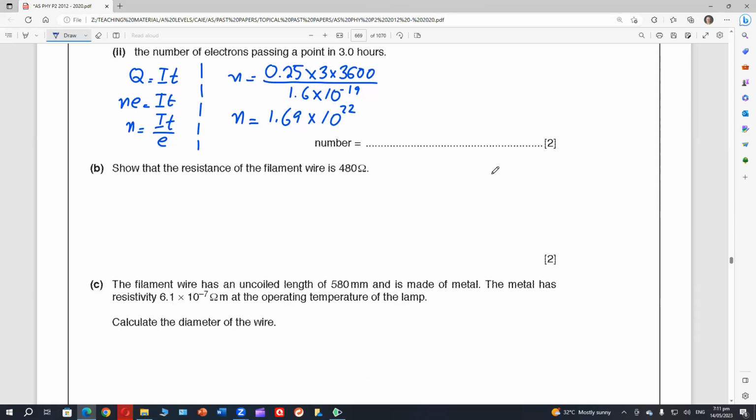So the resistance of the filament wire is 480. So power is equal to V squared over R. You can try that, or R is equal to V upon I. We can also try.